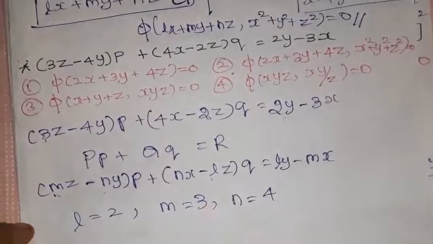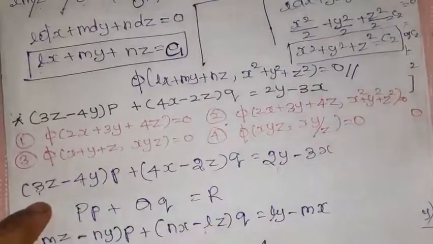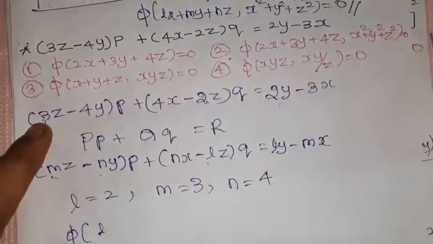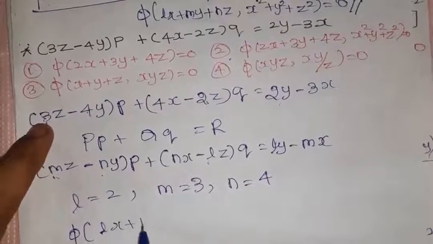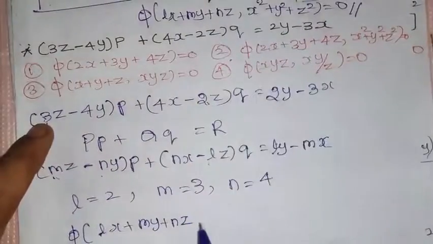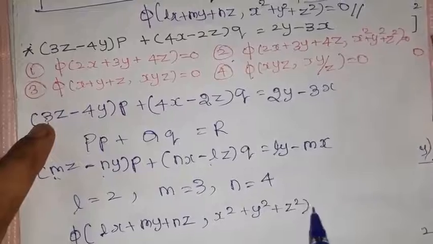So what will be the solution for the previous question? I am just copying that solution: lx plus my plus nz, comma, x squared plus y squared plus z squared equal to 0.